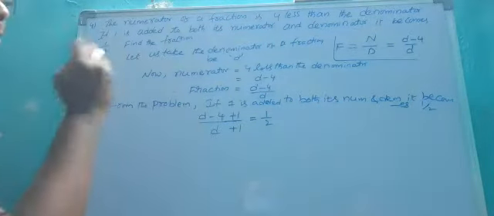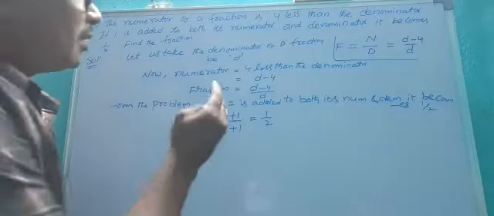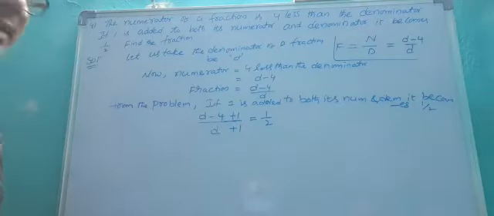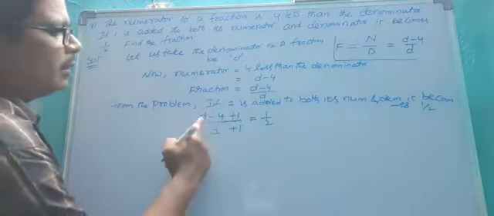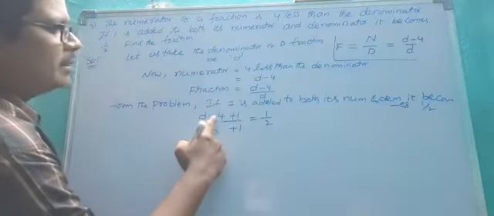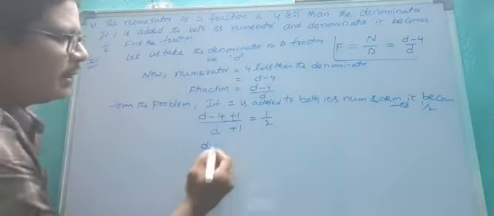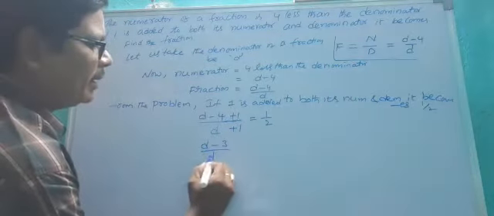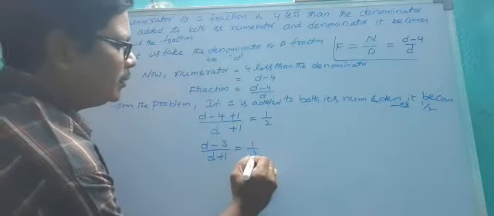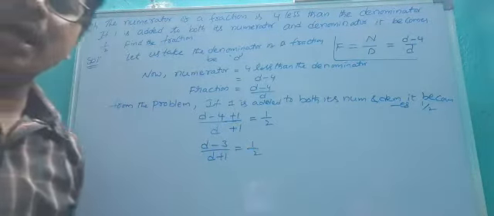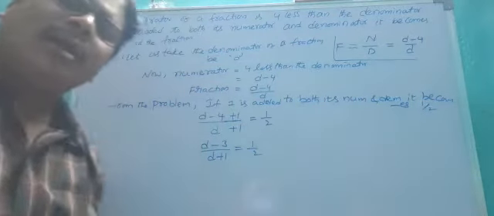You get one simple equation. You have to solve it and you get the answer very simply. How? d minus 4 plus 1 equals d minus 3, so d minus 3 by d plus 1 equals 1 by 2. You have two fractions on both sides. Simply cross multiply.